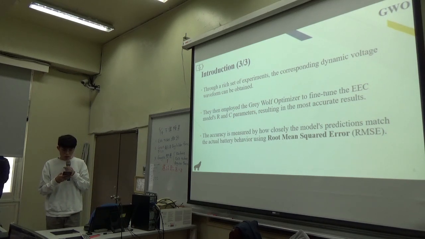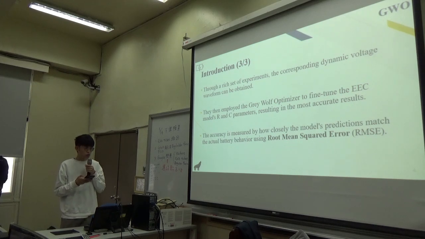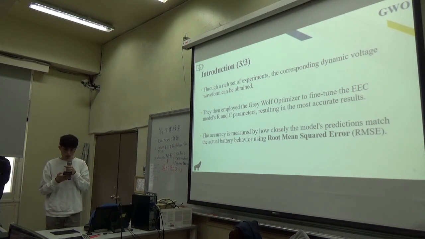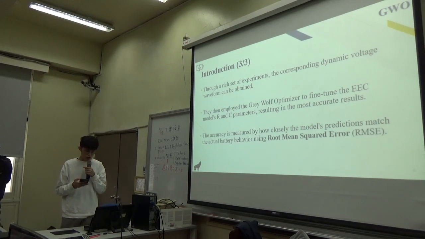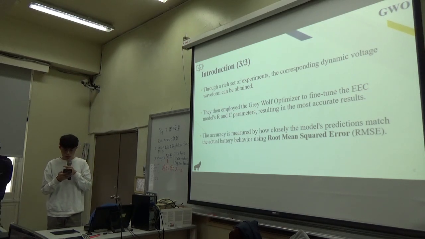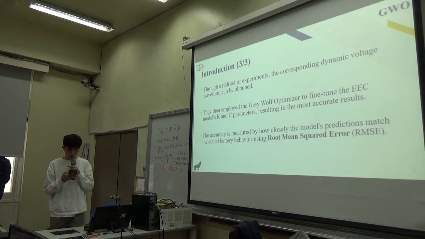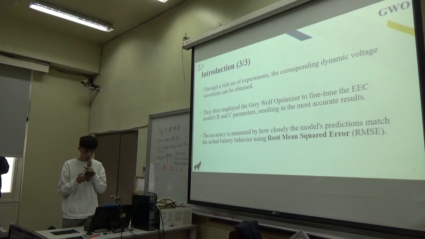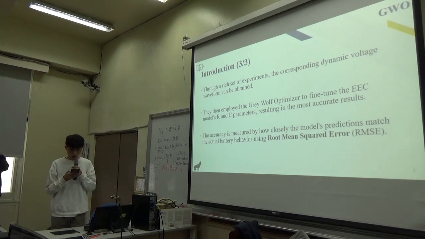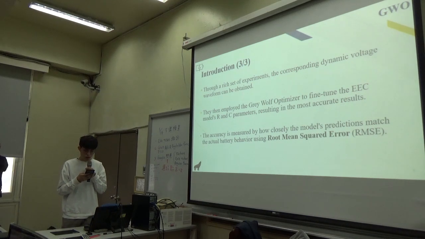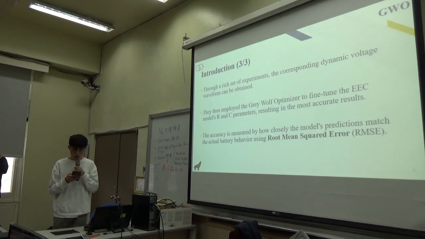They then employ the GWO optimizer to fine-tune the EEC model's R and C parameters, resulting in the most accurate result. The accuracy is measured by how closely the model prediction matches the actual battery behavior using root mean squared error.